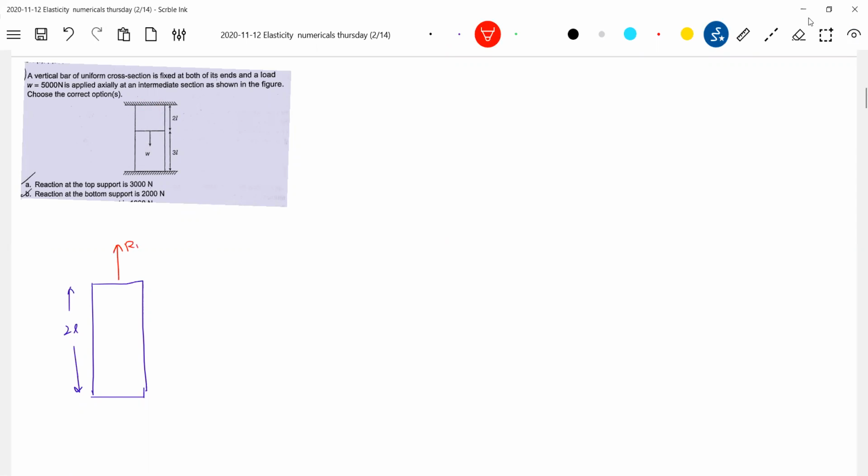We'll call that reaction R1. Agree? Then what about the lower part? It will try to pull it down.